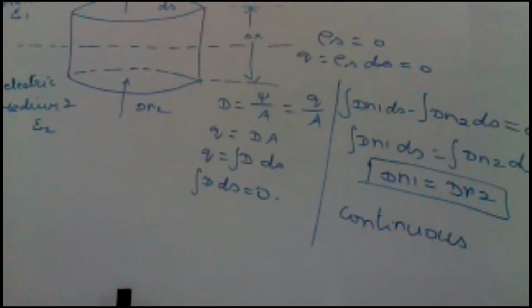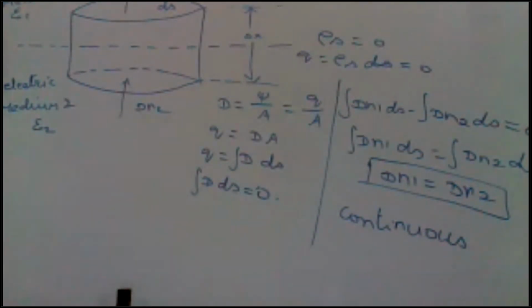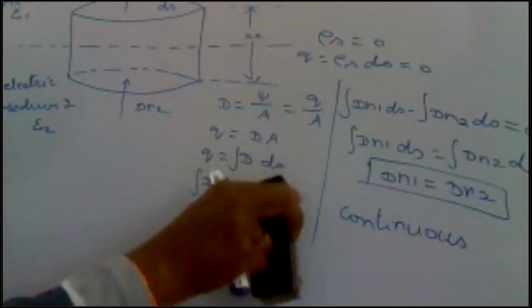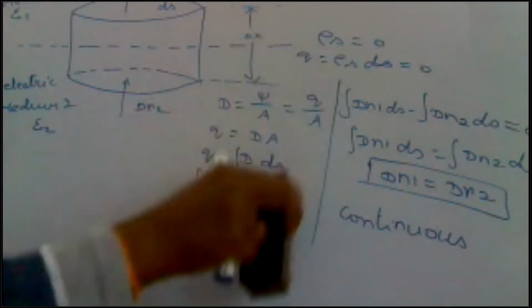There, what we say is that if there is no surface charge density, what happens is the first statement. The second statement says that if there is a surface charge density, okay, there is a charge, then q cannot be taken as 0. In this relationship also, q cannot be taken as 0 now.